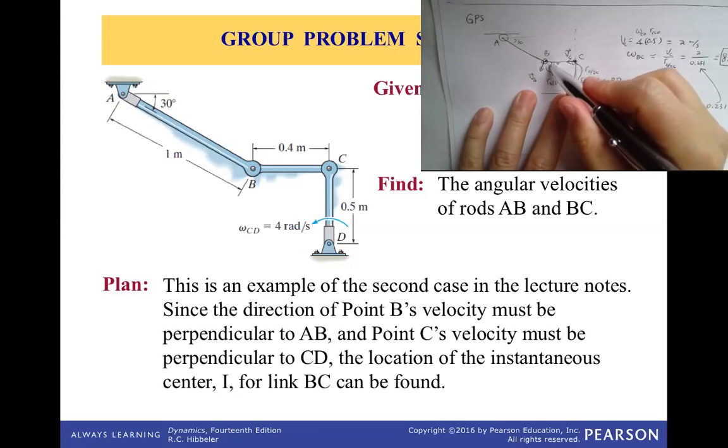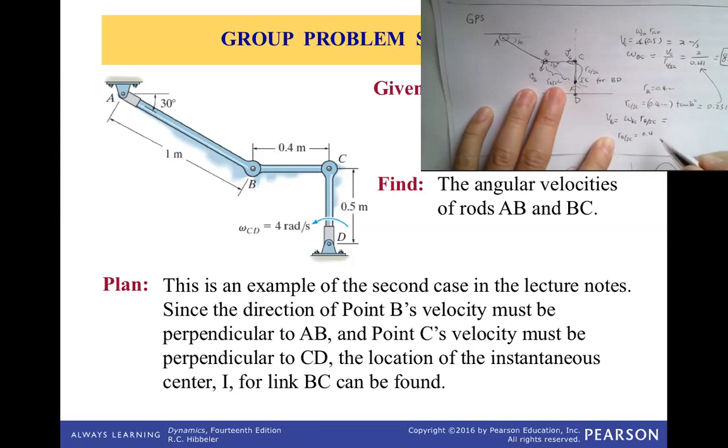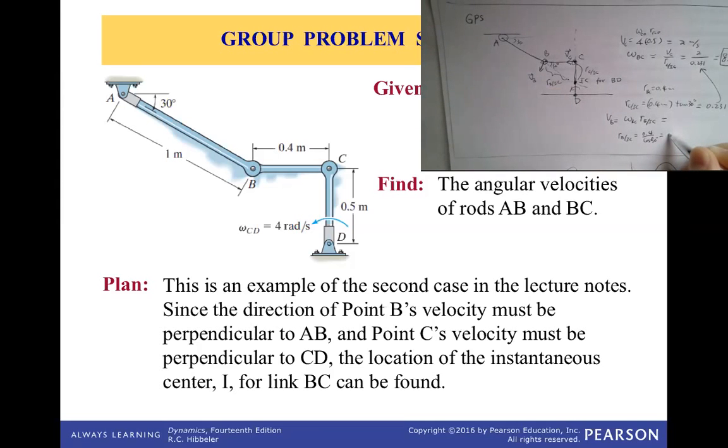This is the side, this is the angle, this is the hypotenuse, okay? So it should be 0.4 divided by cosine of 30, okay? So that would be 0.462 meters, all right? So then 8.66 times 0.462 meters will give us the velocity for point B to be 4 meters per second, all right?